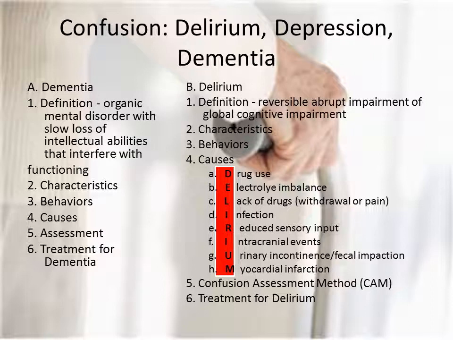So the actual cause of dementia can be a disease process like Alzheimer's. It could be vascular with multi-infarcts. We could have a brain tumor, AIDS, Huntington's disease, Parkinson's disease. They could have a deficiency in B12 or folate.